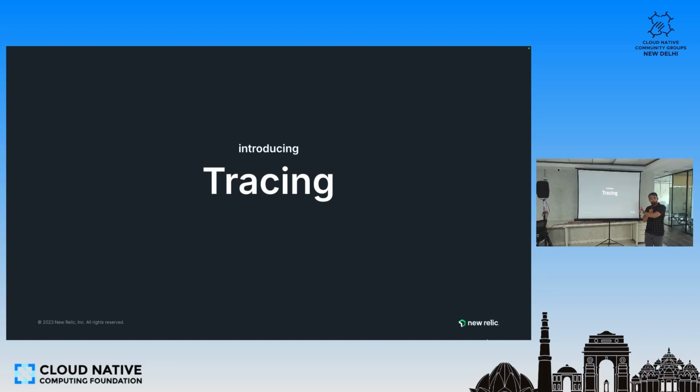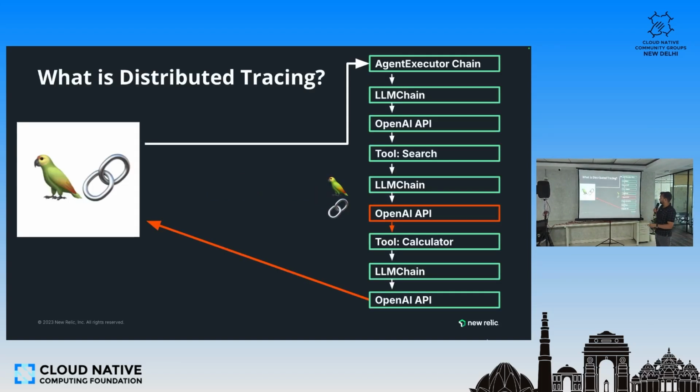Now, the same operation that I did, what does it look like with tracing? This is any typical LangChain application, or basically any AI application. It could be LangChain or it could be any custom-built, Ollama-based application. Once you send the prompt, what happens behind the scenes? We saw in the output in the terminal that there was a chain of execution starting from an OpenAI call, then it goes to the tool, which is search, then it goes back to OpenAI, where it's trying to make sense of the output received from the search API.